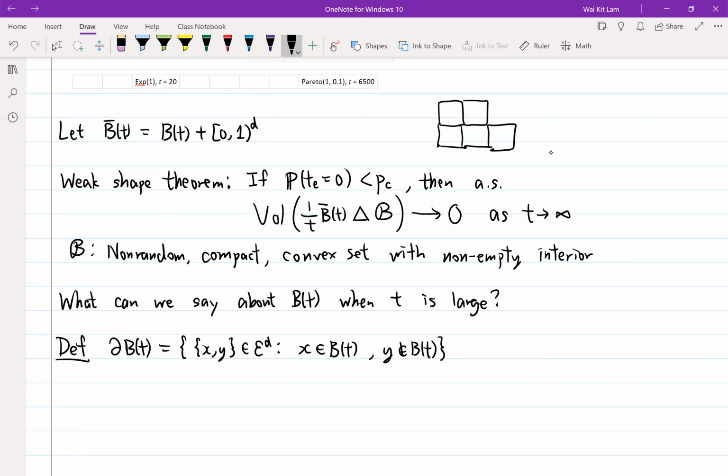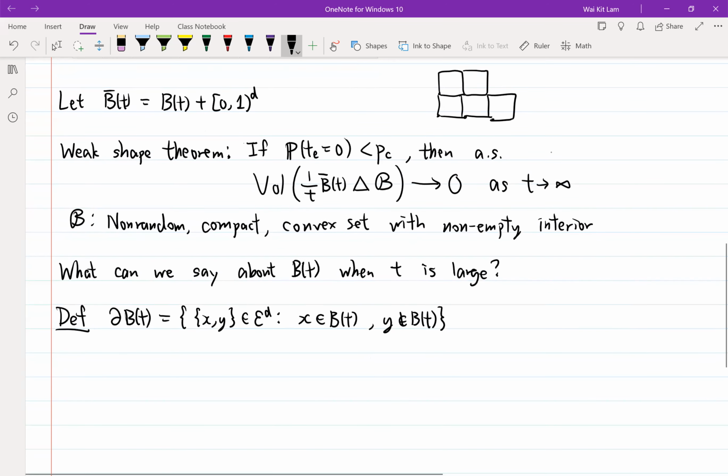In other words, it contains all the edges xy, where x and y are two neighbor vertices, and the passage time from 0 to x is at most t, but the passage time from 0 to y is strictly greater than t.